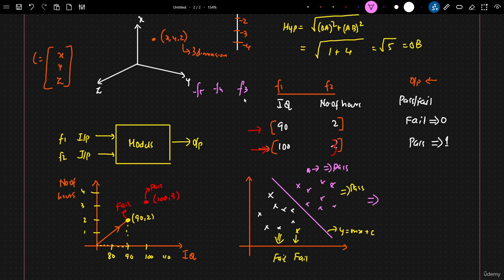But linear algebra is so amazing that since it supports a lot of matrix calculation, any number of features that may be there, it will be able to represent that specific dimension. If I go ahead with 5 dimensions, a single point can also be represented in 5 dimensions because it has 5 different values. But just to make you understand, I have shown you 2 dimensions and 3 dimensions.